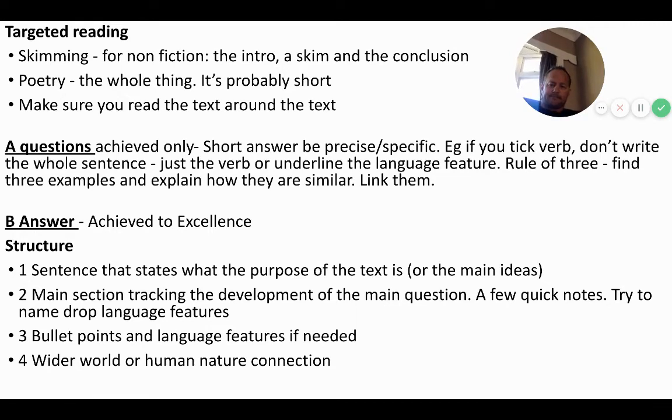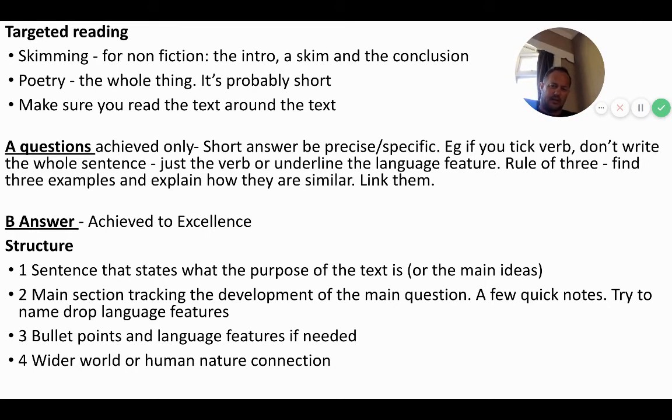Now, how to answer. Unfamiliar text may be a standard that you leave until last, so you may be running short of time. There are two types of questions, the A questions and the B questions. The A questions are for an achieved only.